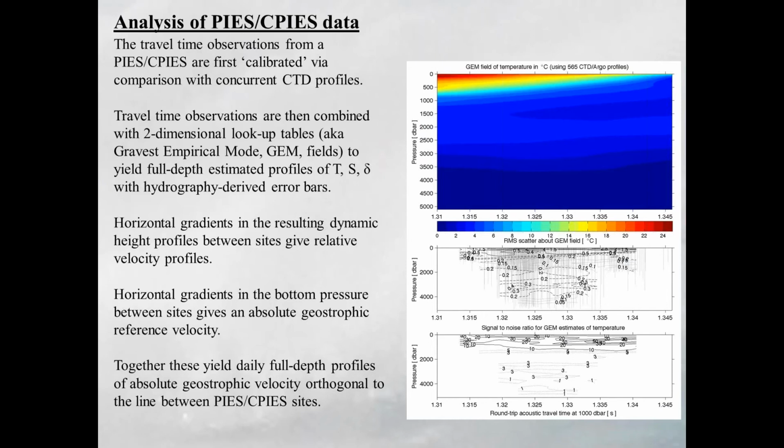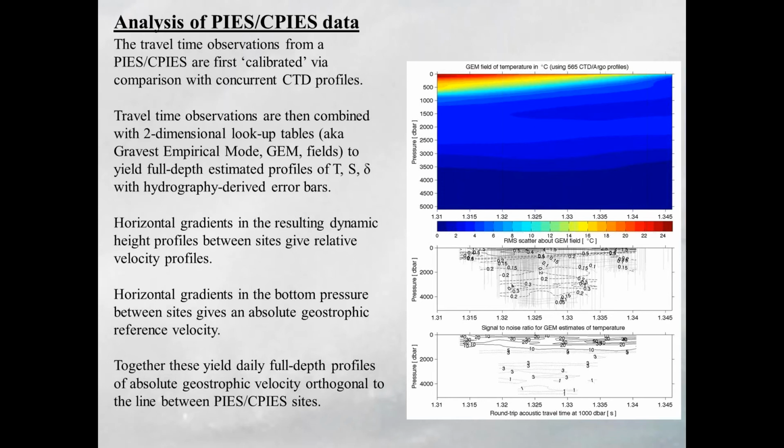So this travel time thing that I mentioned, it sounds neat, but what's it actually useful for? Well, in and of itself, it's not. Who cares how long it takes a sound pulse to go up and down through the water column? But it turns out that if you take hydrographic observations from the region, if you imagine a CTD profile, if you have temperature and you have salinity, you can calculate a sound speed because there's an empirical equation for that.